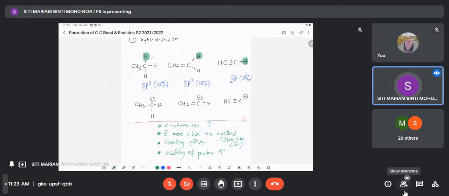So that's why when you compare this acidic proton, the one bonded to the carbon triple bond, the pKa value is lower compared to this proton bonded to the carbon double bond, compared to this proton bonded to the carbon single bond. So you can check if you refer to this. Let's say I give you the pKa value for this proton is around 50.